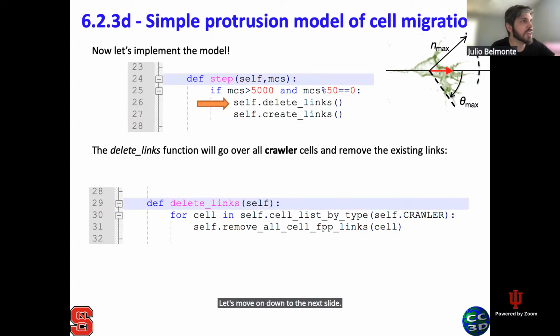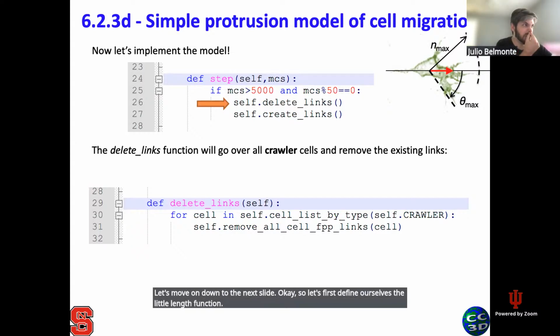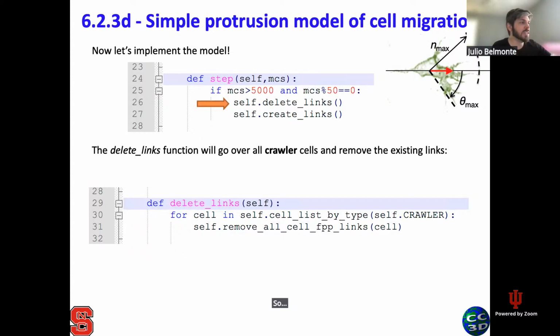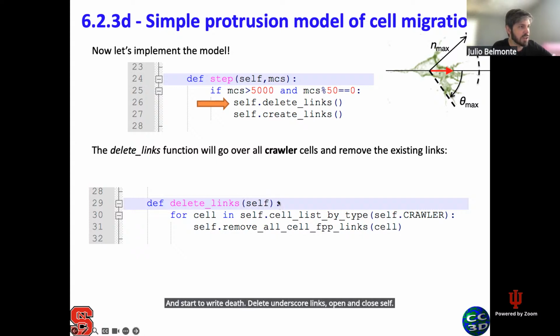Okay, so let's first define this delete links function. To do this, you get outside the step function and write def delete_links, open and close parentheses with self, and a colon.